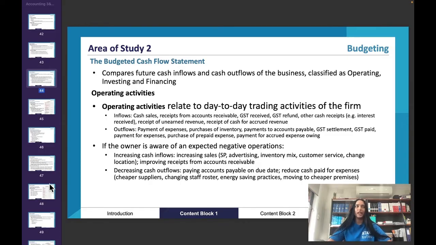For example, if it's predicted that the business will have a whole bunch of cash lying around, the business might want to purchase a non-current asset or put a term deposit in that future period. So, budgeting isn't just, oh, I'm going to make a prediction and I'm going to see whether my prediction is right. It's, I'm going to make a prediction. If it's a negative prediction, I'm going to try and change that prediction. And if it's a positive prediction, I'm going to try and take advantage of that positive prediction. So hopefully that makes sense.